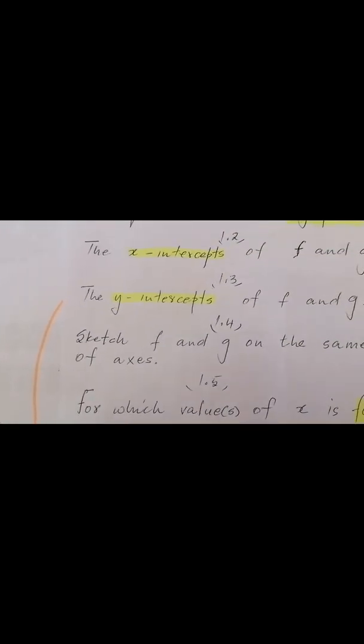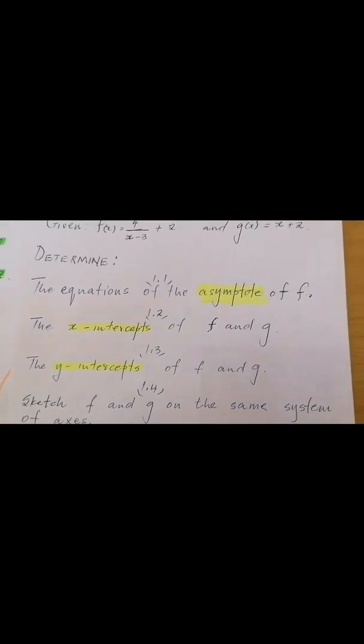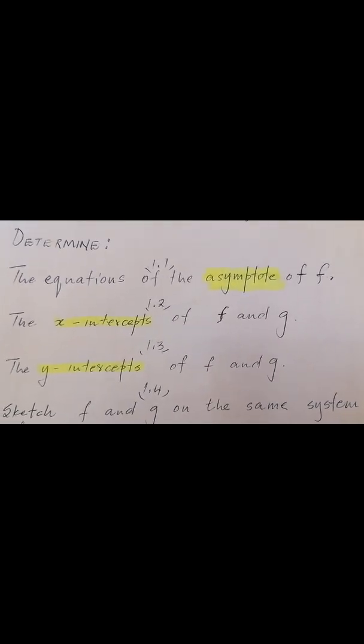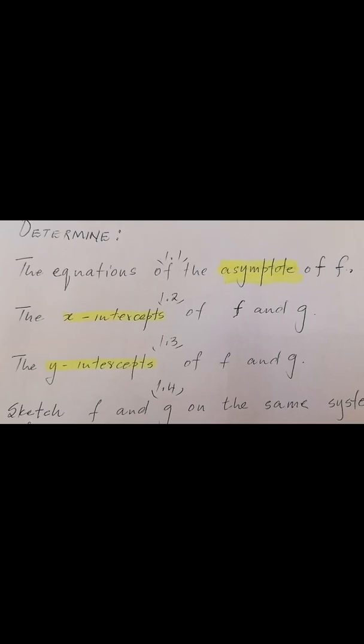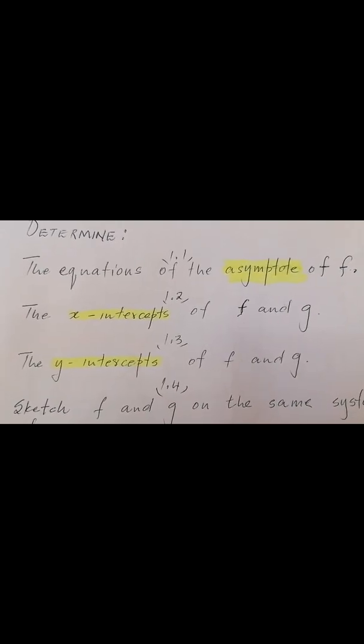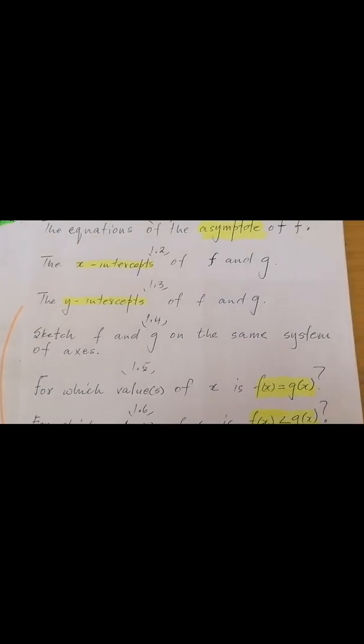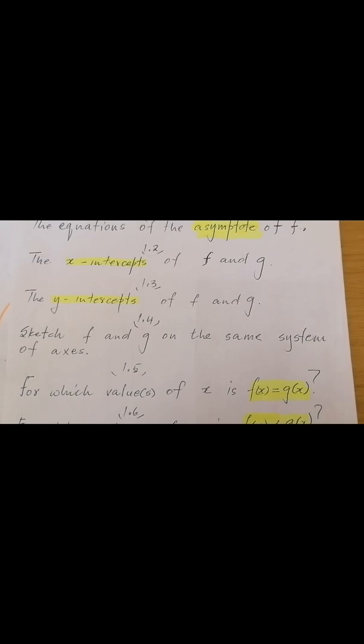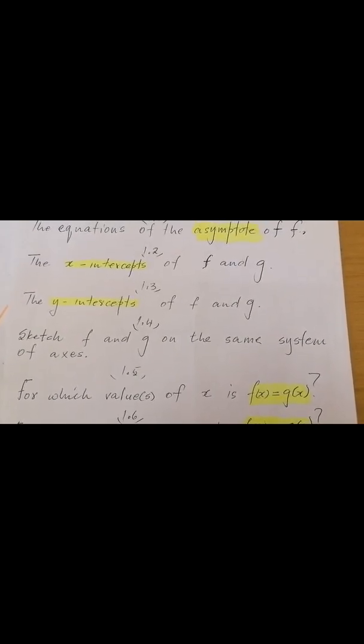Great, folks. Very much happy with the way in which we are progressing, and I can see some of you smiling at home there. Now, next question says, because now we've got the x and the y-intercept of the two graphs, sketch f and g on the same system of axes.